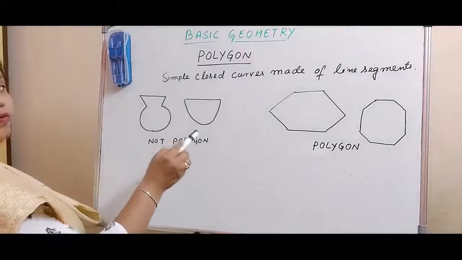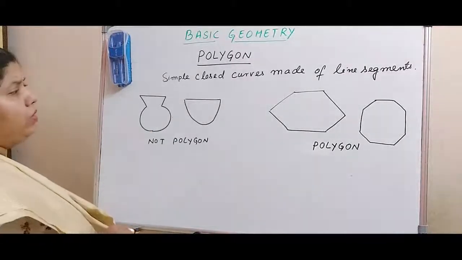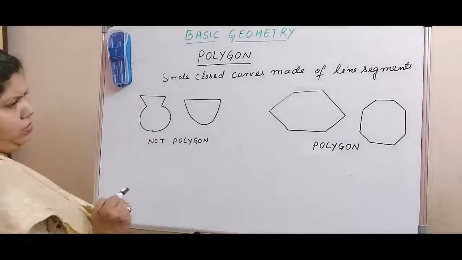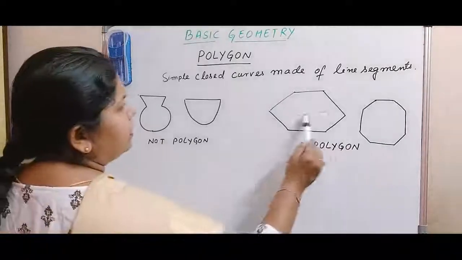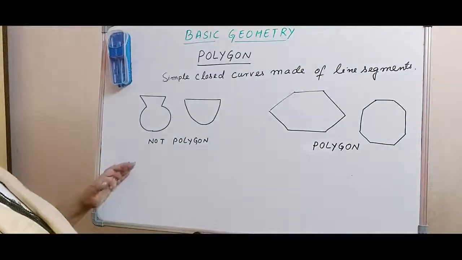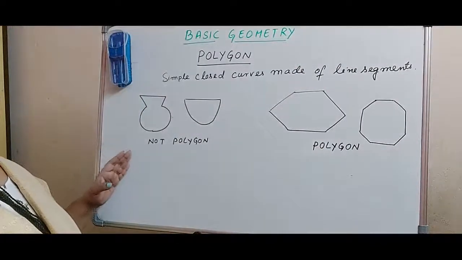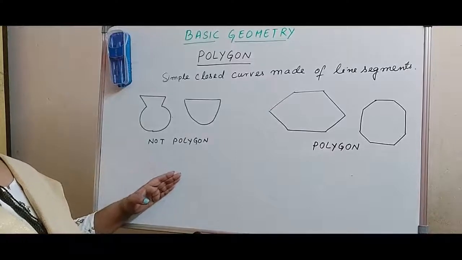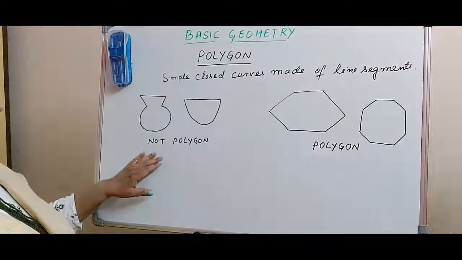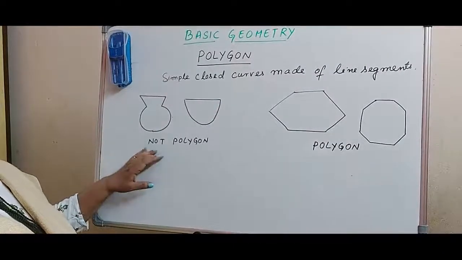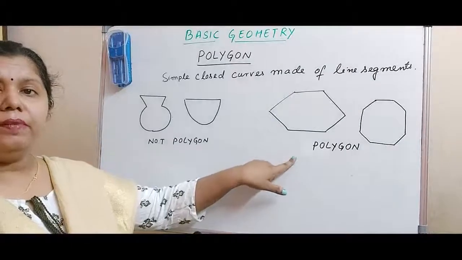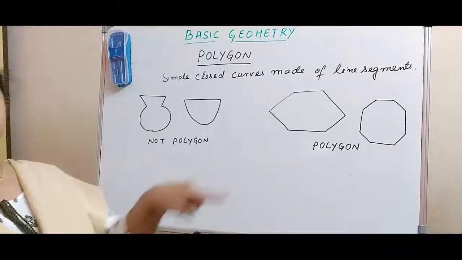It is not made up of completely straight lines. So these first two shapes are not polygons, but the second two figures are polygons. This is the difference between polygon and not polygon. They are simple closed curves, but not polygons. The others are simple closed curves and polygons because they are made up of line segments.